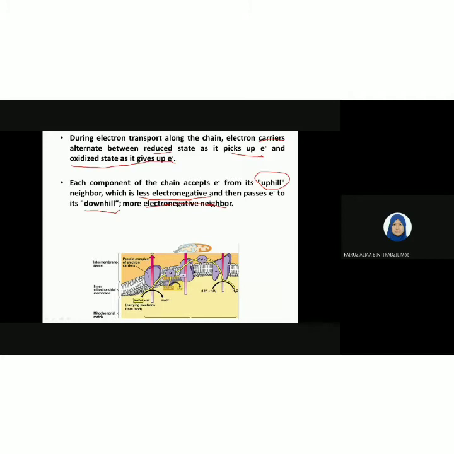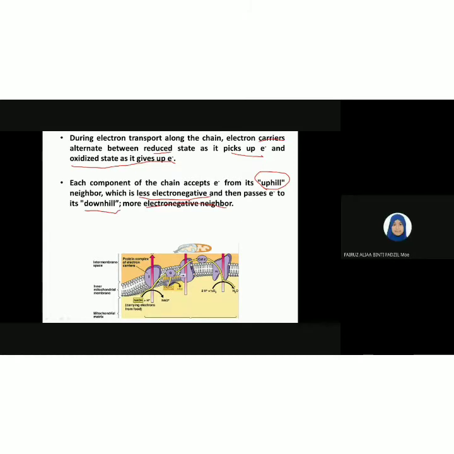Electronegative means more tendency to accept the electrons. So among complex 1, 2, 3, and 4, which protein complex is the most electronegative? Anyone can answer? 4. Yes, the answer is 4.